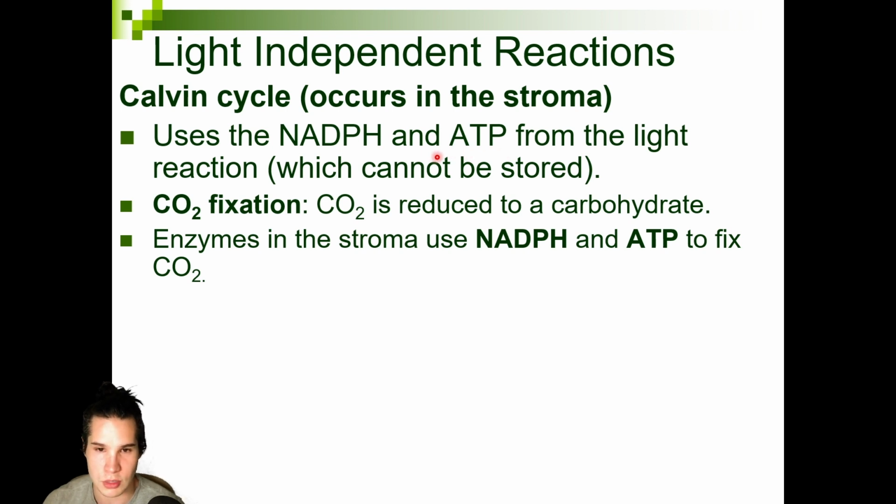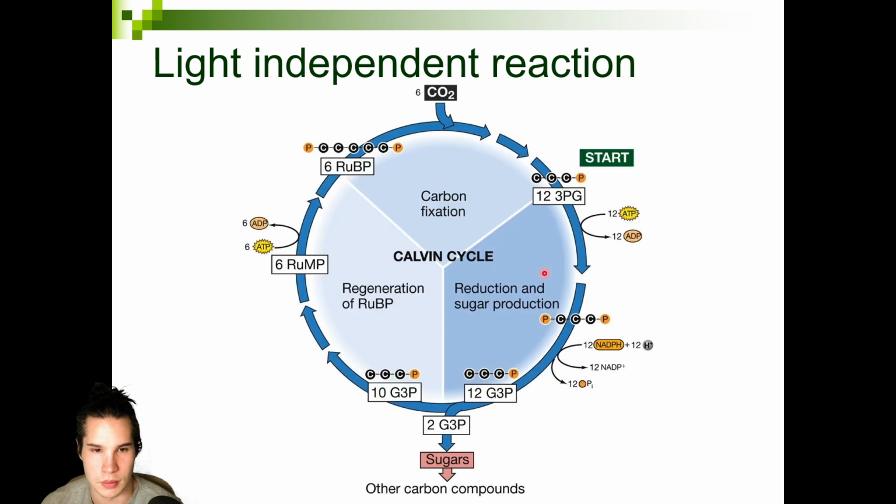And so if they're not used immediately, they will eventually break down. What that NADPH and ATP are used for is carbon fixation, or the reduction of CO2 into a larger, more complex carbohydrate. So enzymes in the stroma will use NADPH and ATP to fix CO2 from the atmosphere.